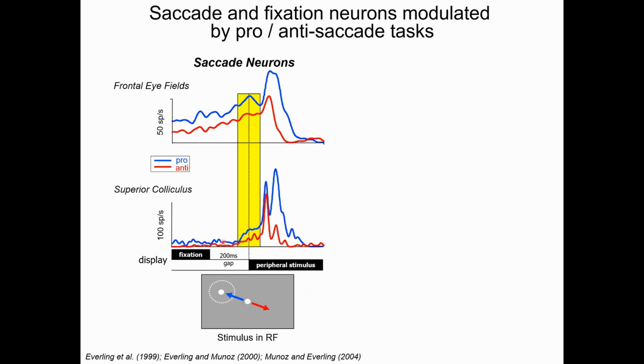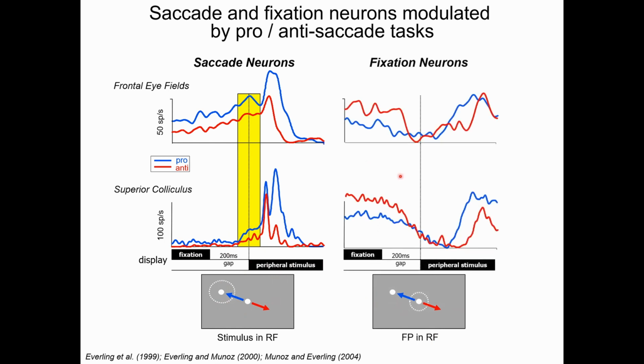Okay, so who's doing this? After all these months of training of the monkeys, what's turning down this response? The result is, if we look at the fixation neurons I already introduced you to, that have this high tonic activity and pause for saccades, and just look during the period of fixation here, the fixation neurons in the frontal cortex and in the superior colliculus have more tonic activity on the anti-saccade trials than on the pro-saccade trials.